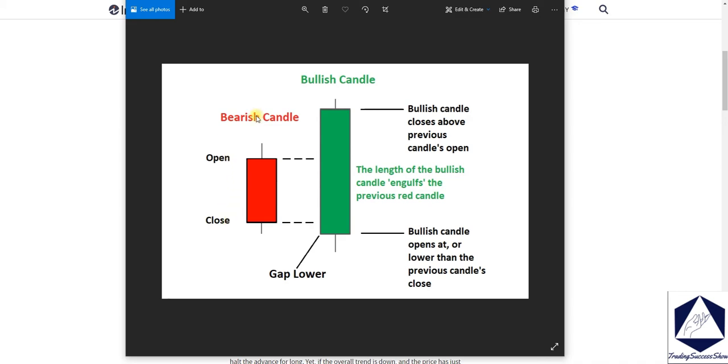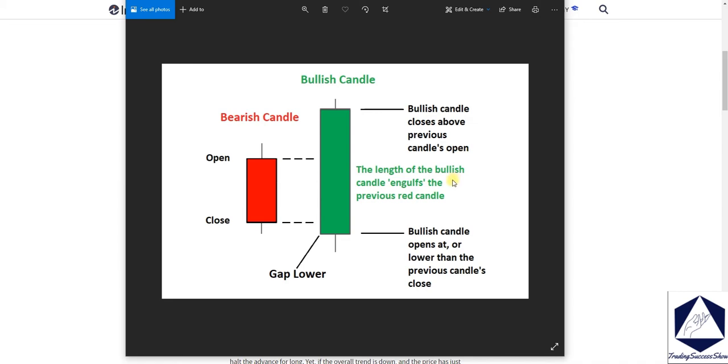Now the bearish candle is this one right here, right? Now the bullish candle is the one that encompasses or eclipses the previous candle, in this case. So this is a bullish engulfing candle. This is what it is. Pretty much what they're saying here is the bullish candle closes above the previous candle's open.